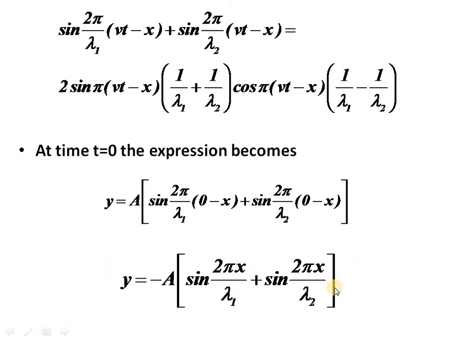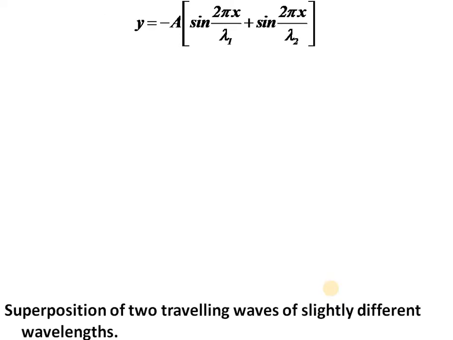Now you get a purely two-dimensional graph. This graph, this function, shows how y and x are related. Okay, capital A is a constant, lambda 1 is a constant, and lambda 2 is also a constant. So obviously you can plot this graph. Okay, this is a simple function in x and y.